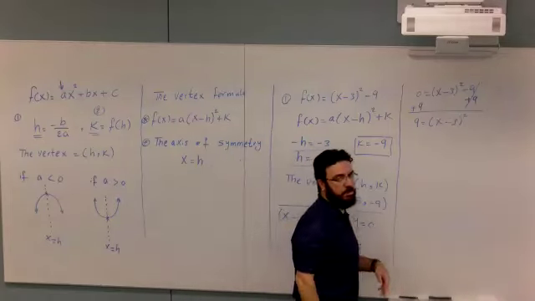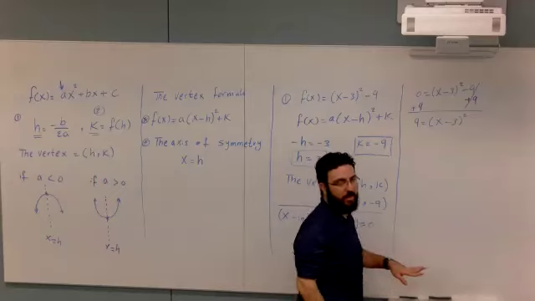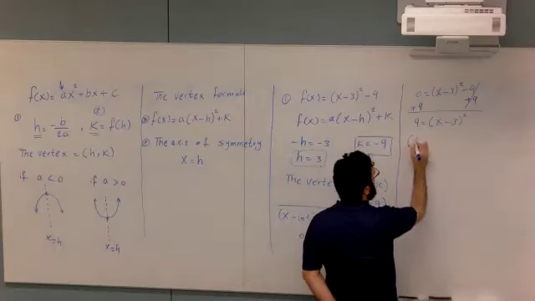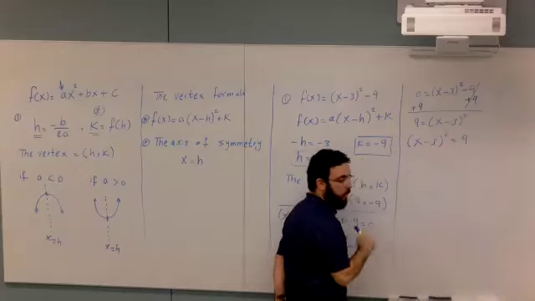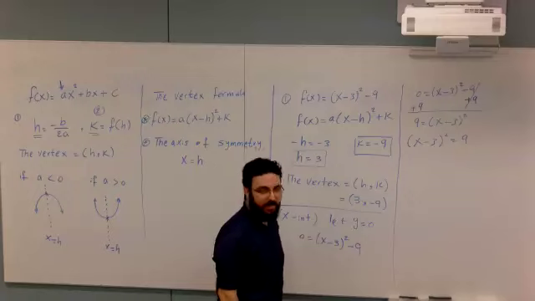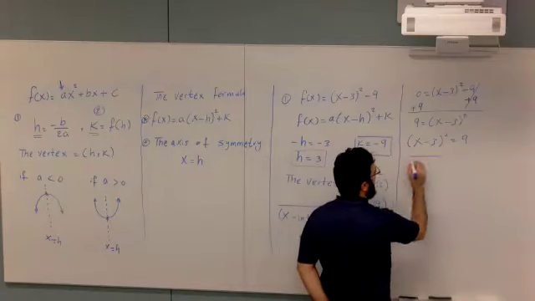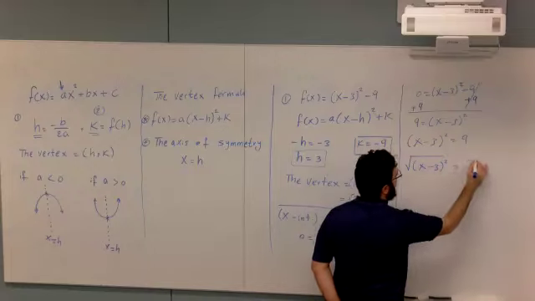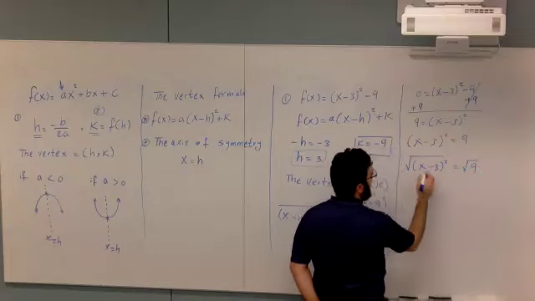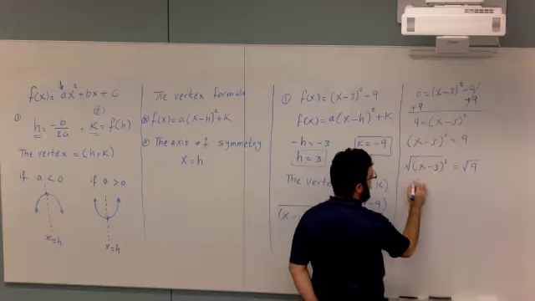Before you foil, don't think about foiling. It's the same thing: (x minus 3) squared equals 9. And take the square root of both sides. Square root of 9.